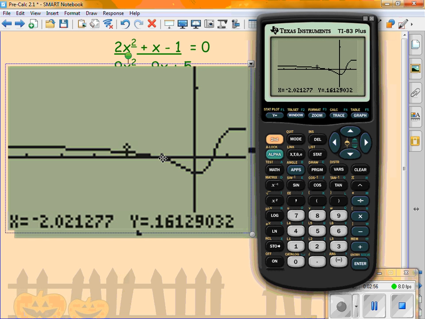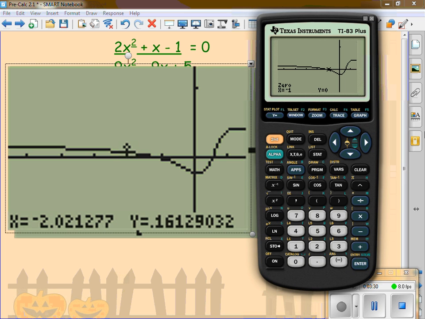What does this one look like? About 1. How do I find the zeros? Second trace, 2. What do you want my left bound to be? -2. What do you want my right bound to be? You want it past the first one. You don't want to go to the 0. My guess, that's good. It matters where you set my left and right bounds because there are 2 zeros. If you get them both in one window, it messes up. Press enter.